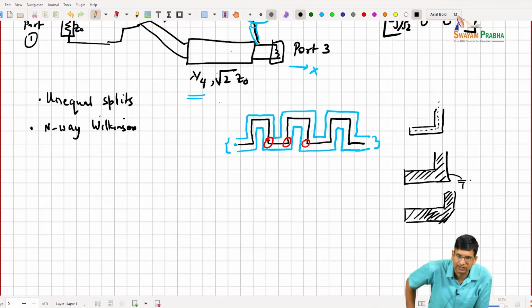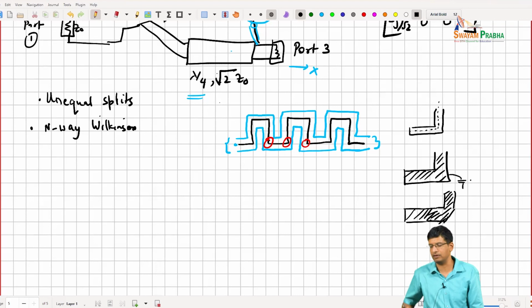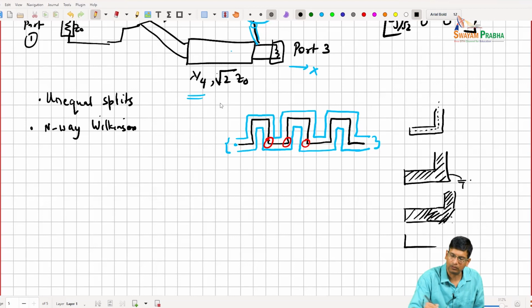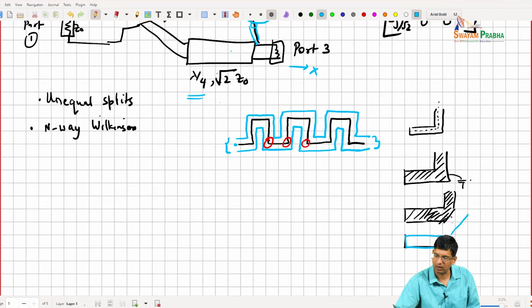A 45-degree chamfer works pretty reasonably as a first-order approximation. If you have the ground line over here, you just make the ground line also go like this. This is the same space, and you take it along like that. And then your bend looks like this.